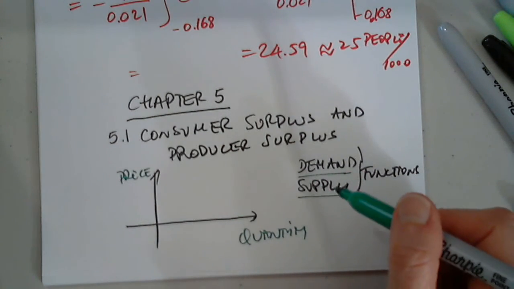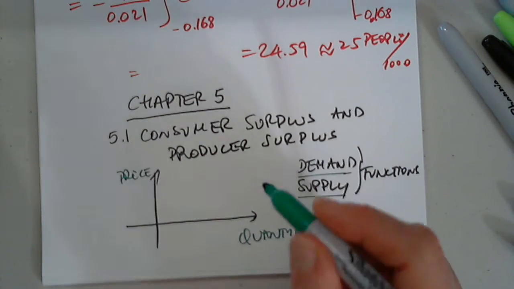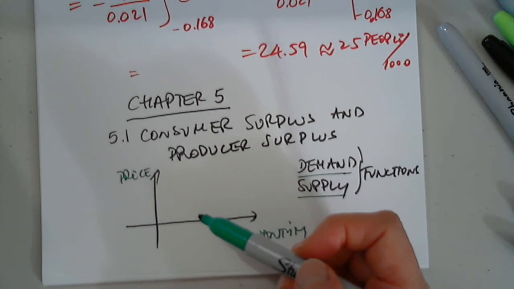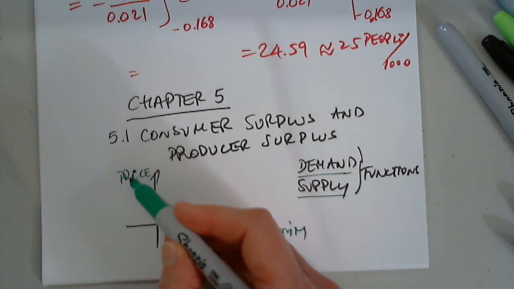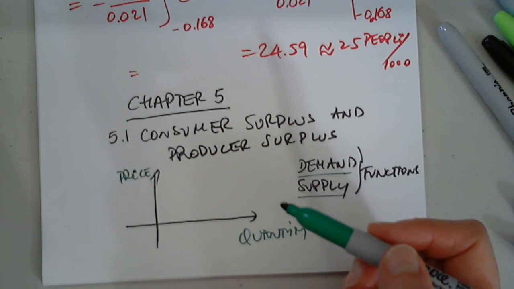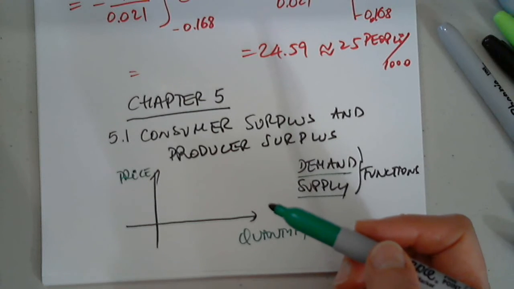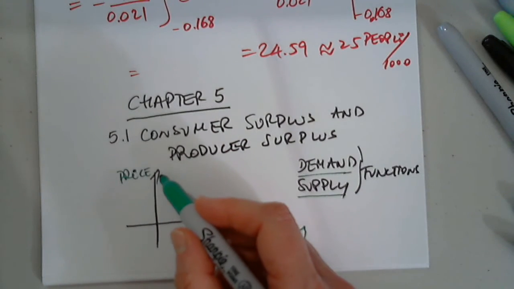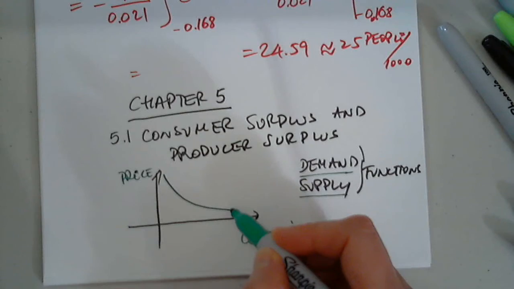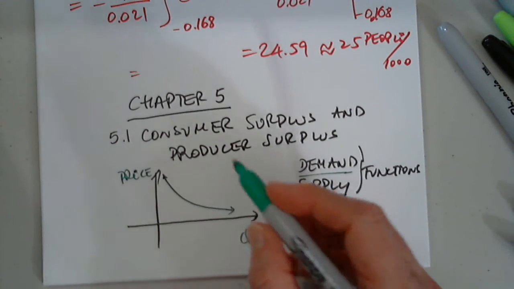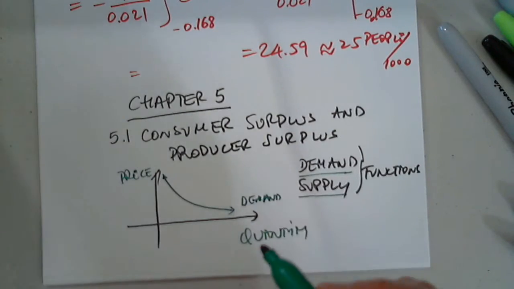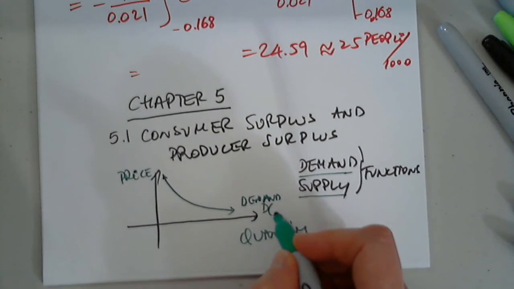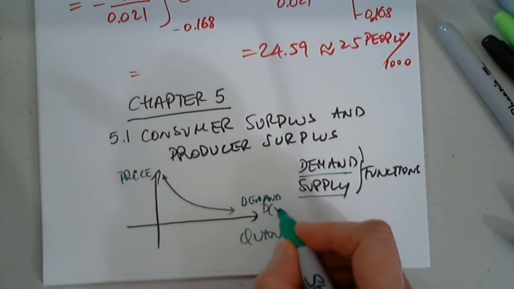So what do you think happens when the price increases? More people can afford, or less people can afford? Less people. Right. So this is an example of a function that is the demand. The demand function, or d of x.